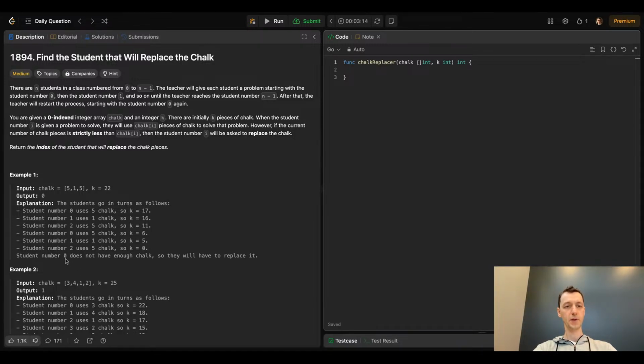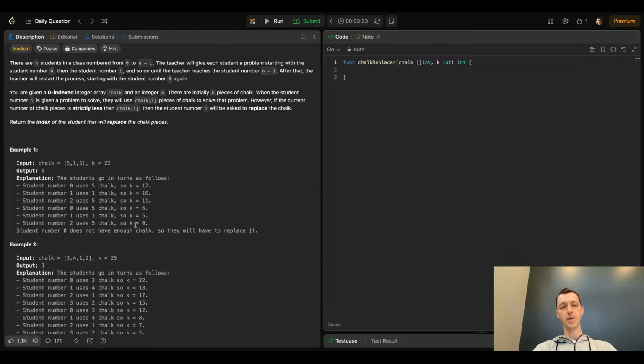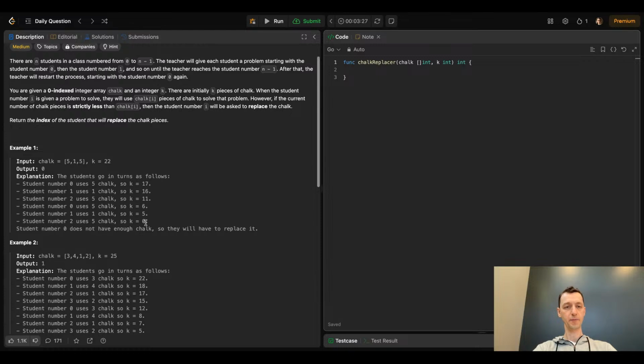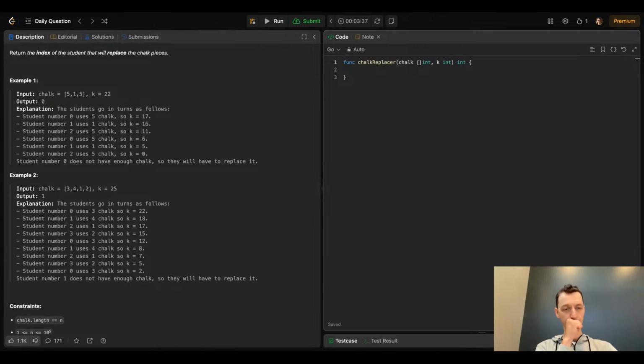Then the next one, student 0 doesn't have enough chalk, so they will have to replace it. Student 2 was fine, it used all the chalk, they had enough.